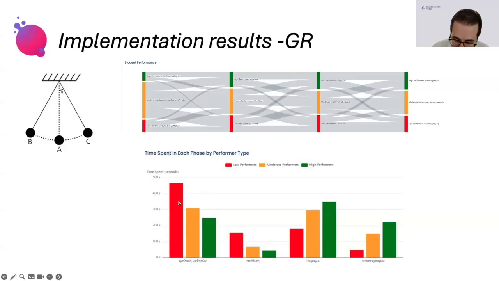And as you can see, the scenario is somehow front-loaded for low and moderate performers. So they spend a lot of time in the early phases of the scenario and it becomes back-loaded for high performers as they need to spend much time in the experiment and in the reflection. Keep in mind that, for some of the students that have been classified as low here and here, there is not a lot of time.